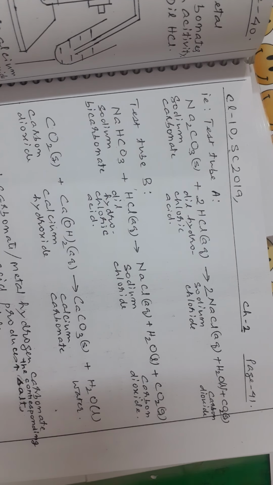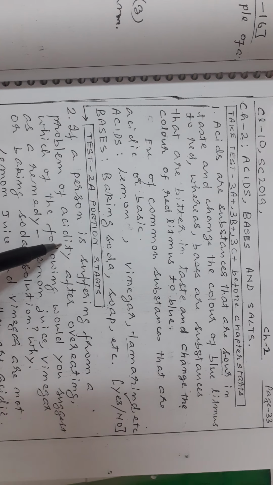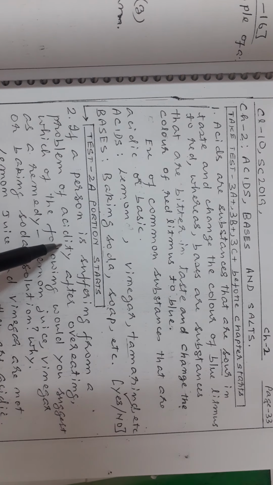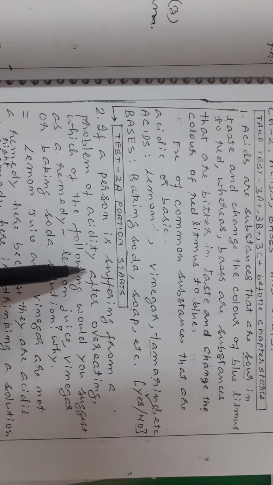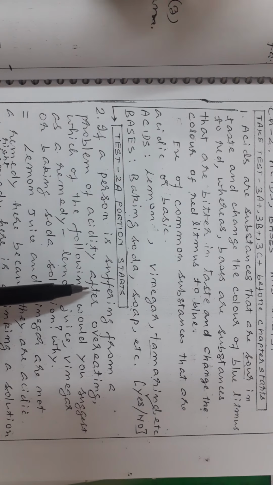Now next question: if a person is suffering from the problem of acidity, meaning gastric, due to overeating, what would you suggest as a remedy? Lemon juice or vinegar or baking soda? Now the answer is here. How is gastritis caused?